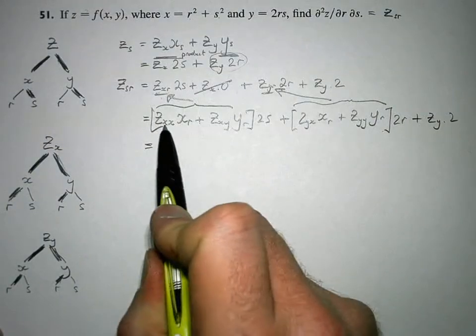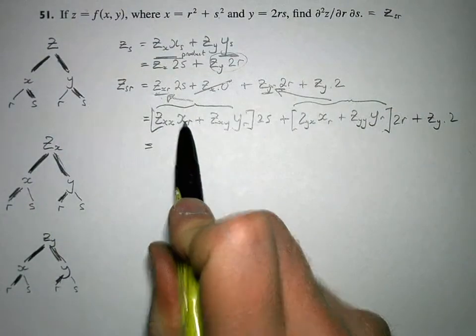We can't do anything about this. We don't know what the function actually looks like because we don't know what z looks like, but we can differentiate that.